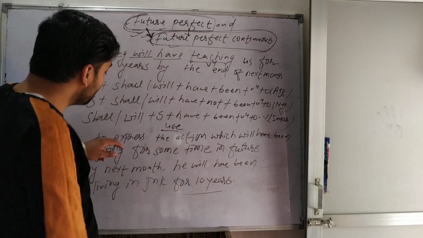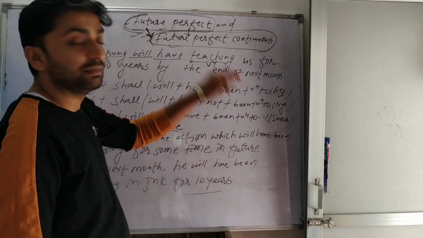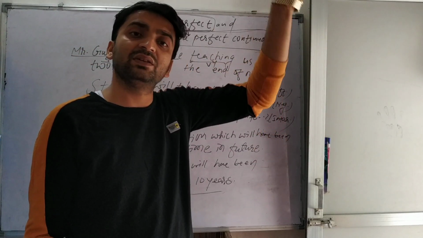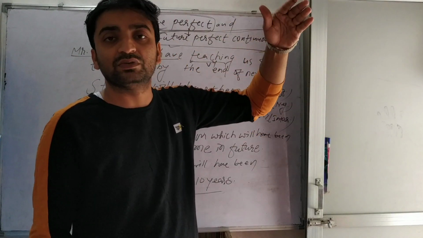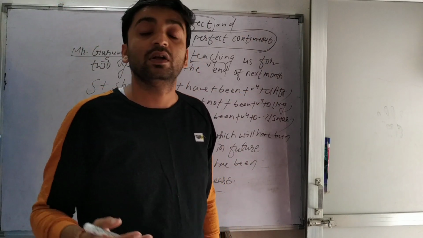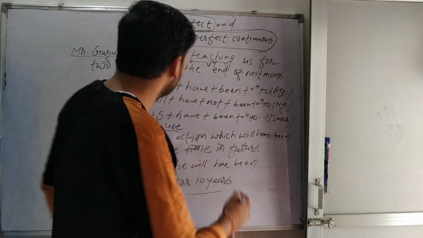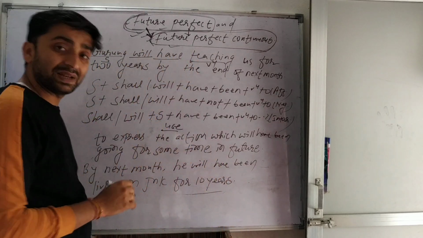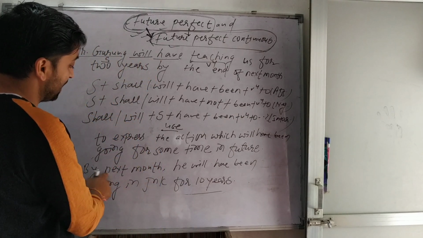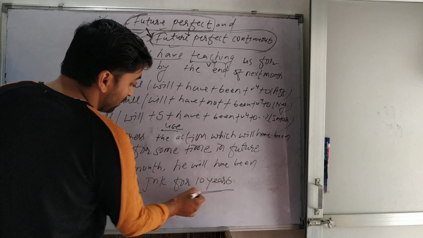Okay, so actually to express the action which will have been going on for some time in future, it's the action which will start in future, continue in future, and more likely it will be in a continuous form in future for some time. For such an action, future perfect continuous tense is used. Like see the example, by next month he will have been living in Janakpur for 10 years.